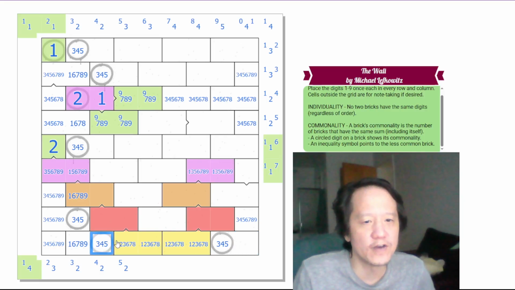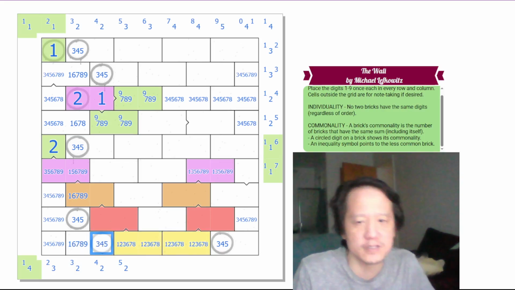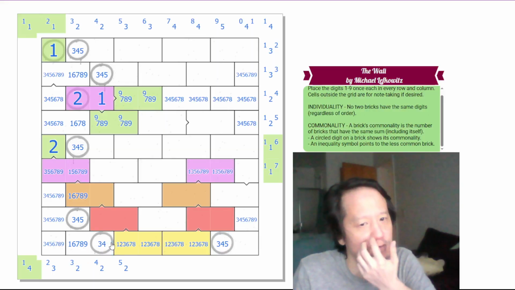Okay, it could be 5 with 4. But either this is a 3, 4 pair, which means this is 1, 8, 2, 7, or this is 5, which guarantees a 4 has to be with it. This can't be 5 then. This is 3 or 4.